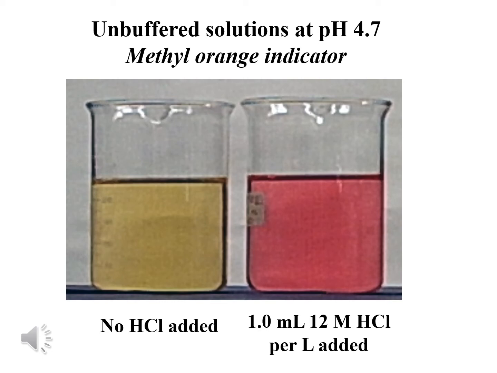You're doing it in the lab with a graduated plastic pipette. Anything that measures volume will allow you to do this. When I put it in, at first the place where the acid hits turns red because there's a local excess. And when you stir, the red color stays all throughout the flask because there's nothing in this non-buffer to soak it up.